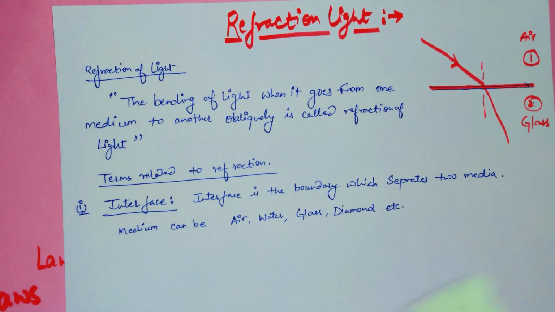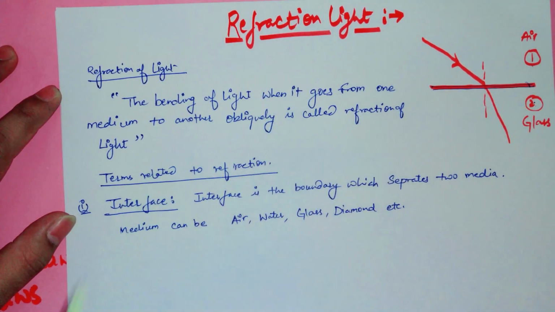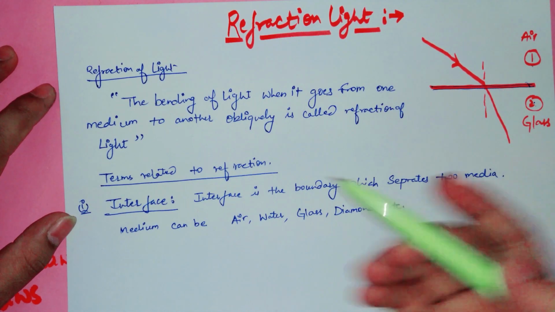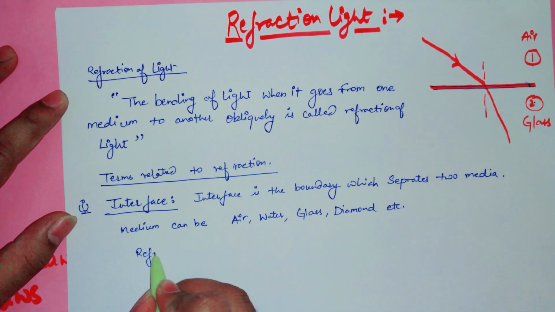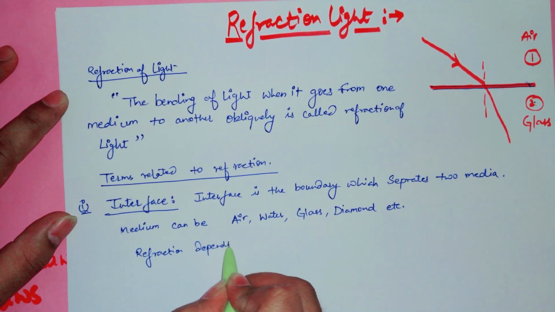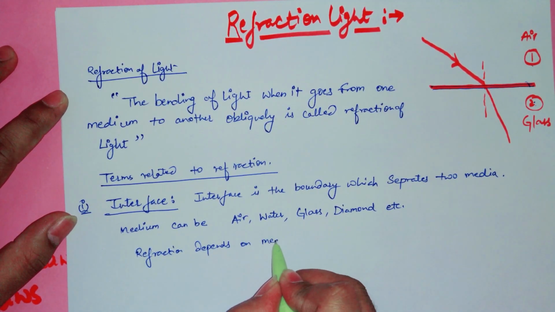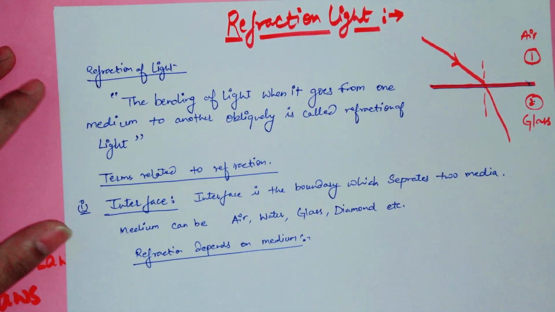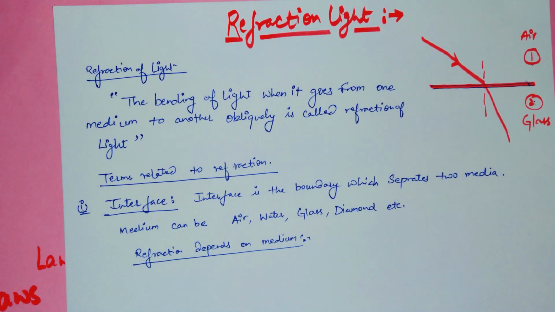We always need two media for refraction. So refraction is a relative phenomenon, which means it depends on the medium. Refraction always depends on medium. Clear?